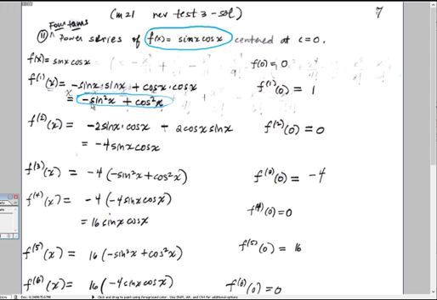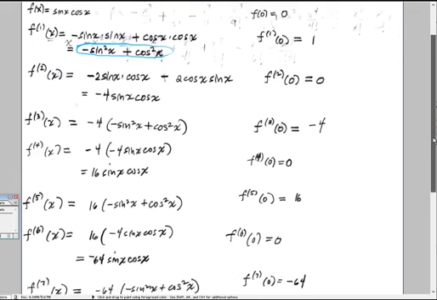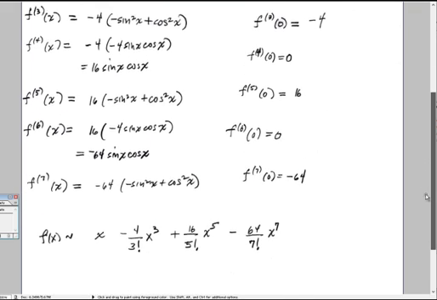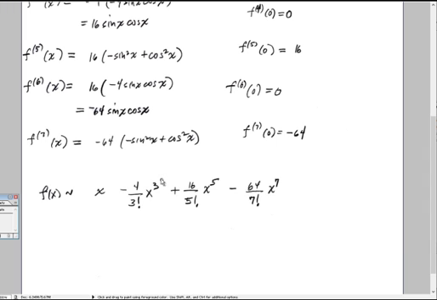Okay, the second derivative, take the derivative of this, use a product rule, and we get this. Substitute, we get 0, and just keep on going like this. I won't go through the whole calculation, but this is the basic Taylor series polynomial. So this is 1, 2, 3, 4, the four non-zero terms.